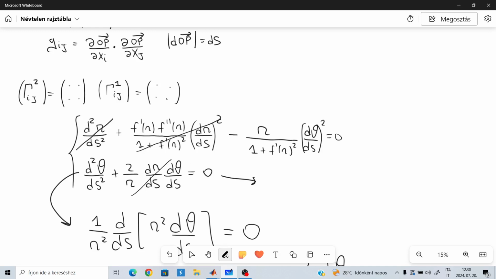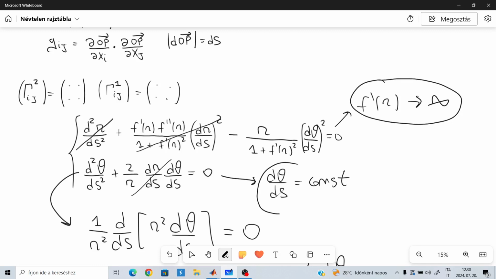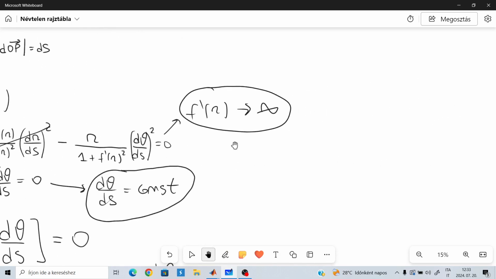So basically d theta over ds must be a constant, because the second derivative of theta is equal to 0, so the derivative of theta must be equal to a constant. And from here, since this is a constant, we must impose that f prime of r goes to infinity. So these are more special conditions that are fulfilled only in some special cases.